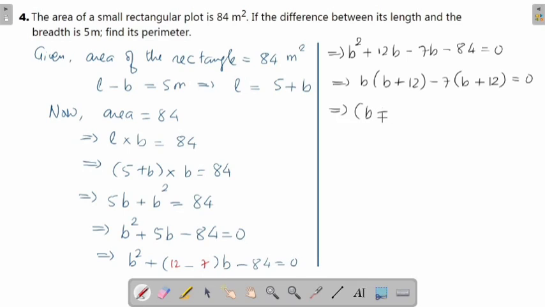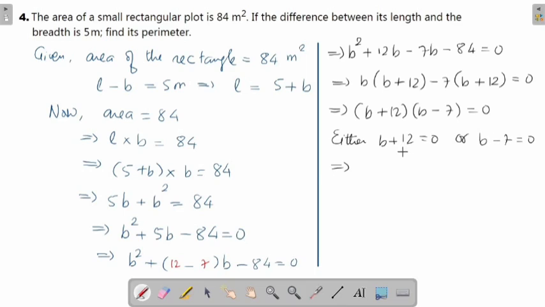So take out b plus 12 common. So you are left with b here, and here you get minus 7 equals to 0. Okay. So see, here what happens is the product of two numbers is becoming 0. Now you know the product of two numbers will be 0 if either b plus 12 is 0, or this is 0, that is b minus 7 is 0.